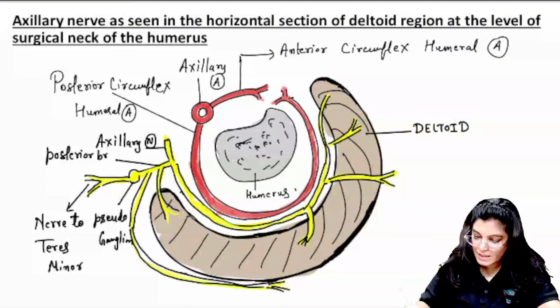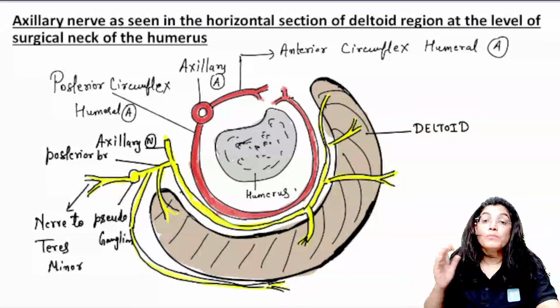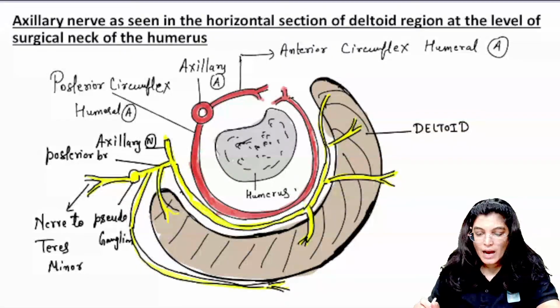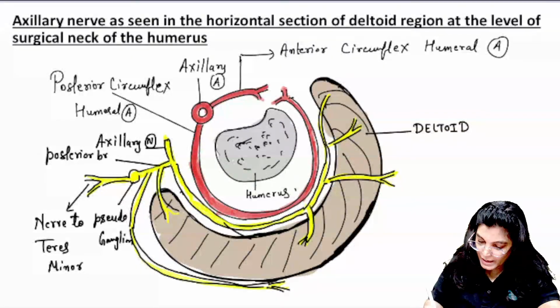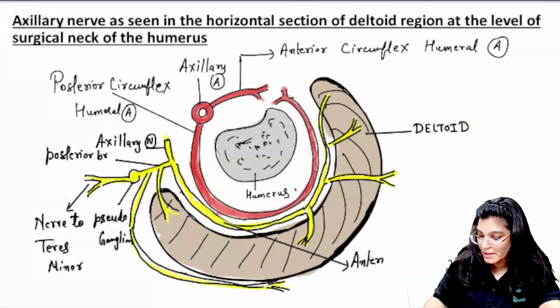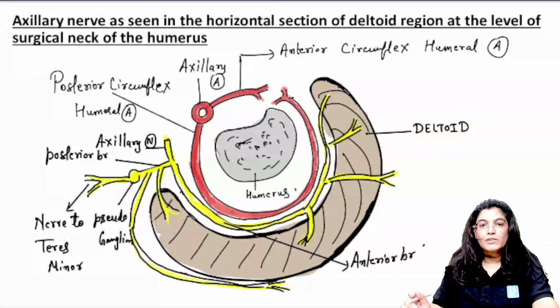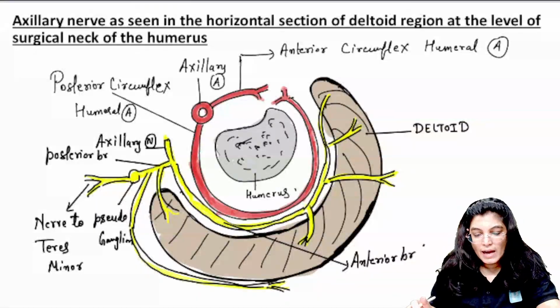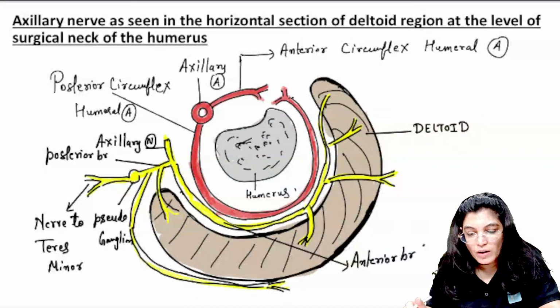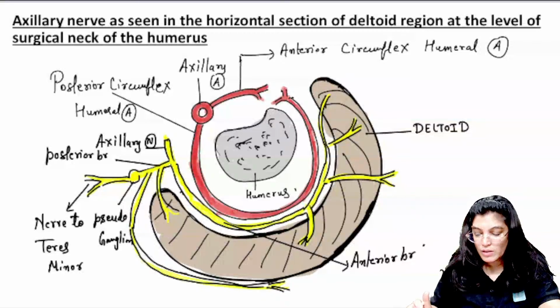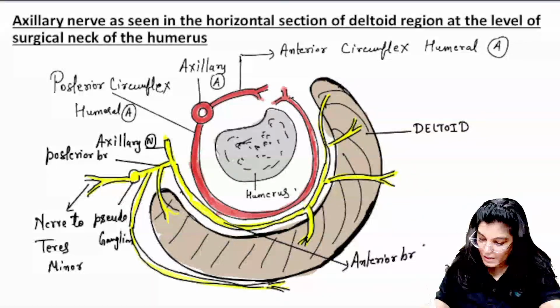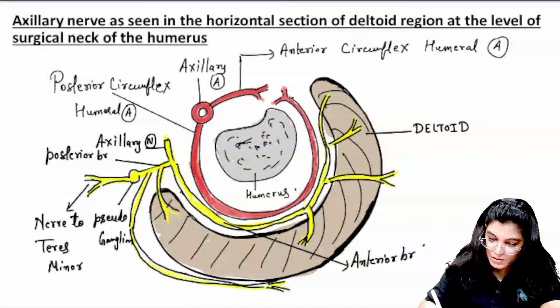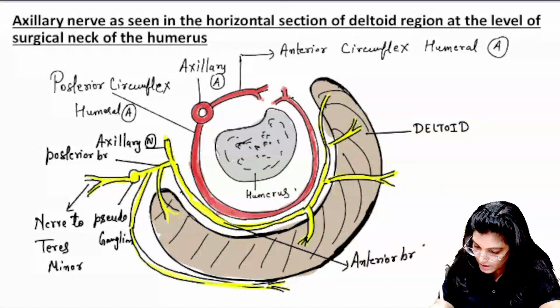And here you can see deltoid muscle, which is getting innervation from both anterior and posterior division. And here we will have this as the anterior division or anterior branch. And obviously, the posterior division is also giving a cutaneous nerve, which will be the lateral cutaneous nerve.